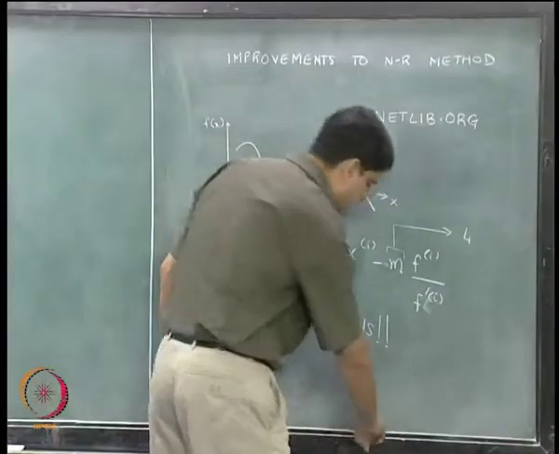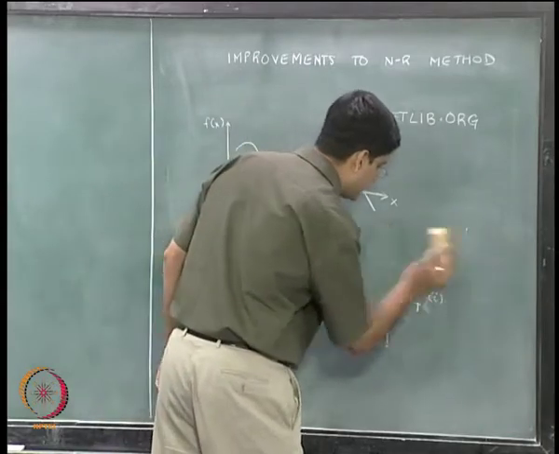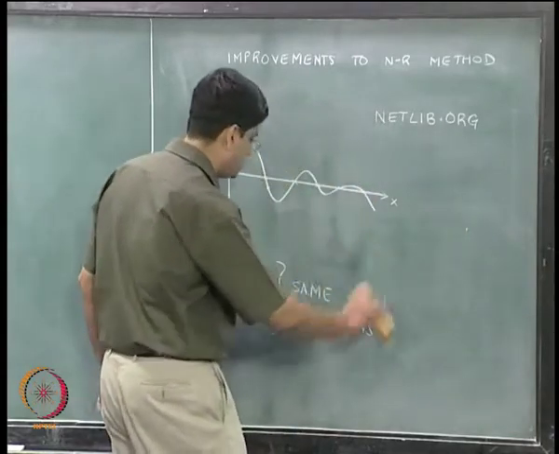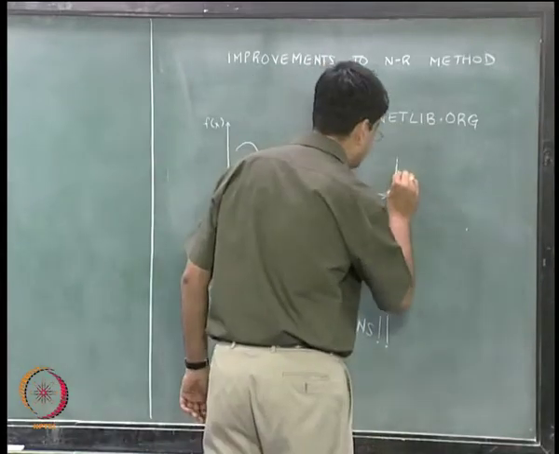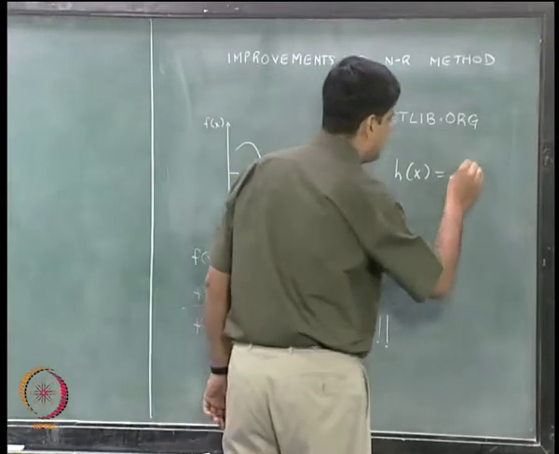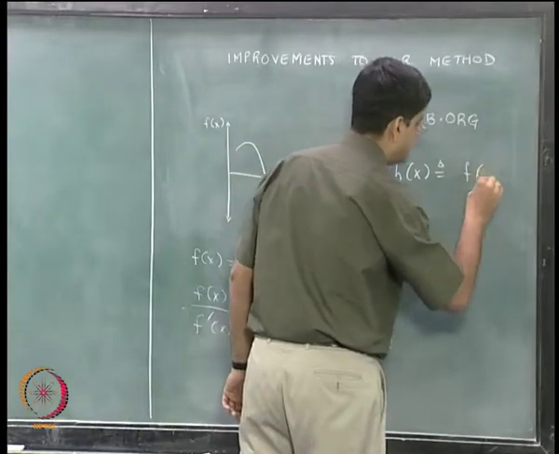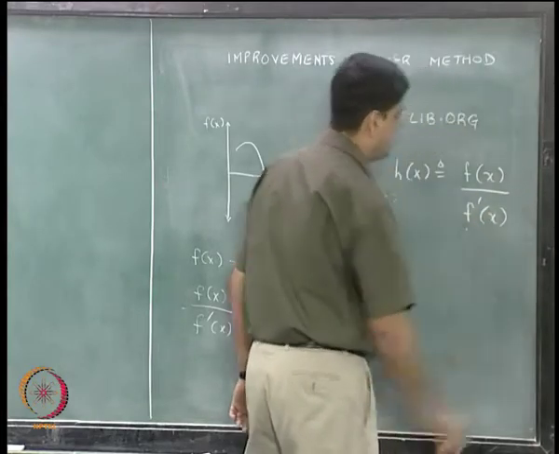So what these researchers did is, instead of using this particular way of solving things, they defined a new function, let us call it h of x. They defined h of x as f of x divided by f dash of x.